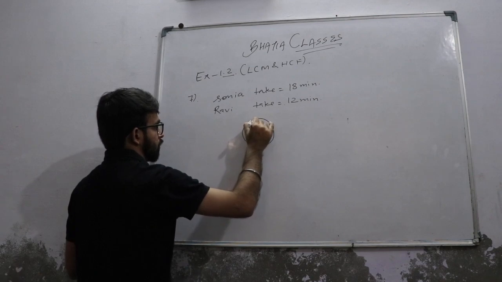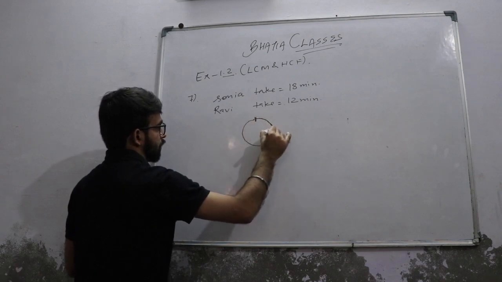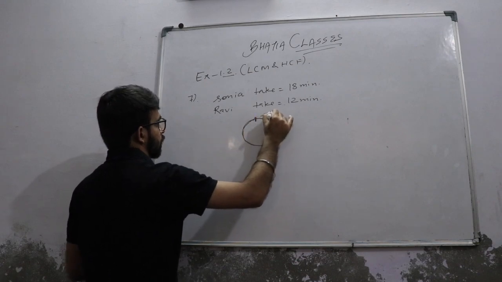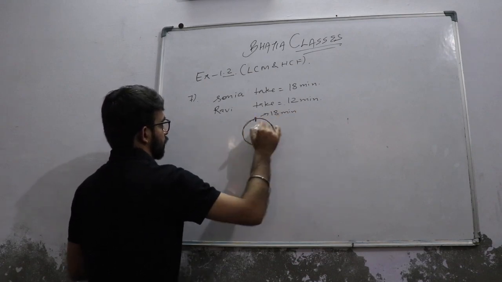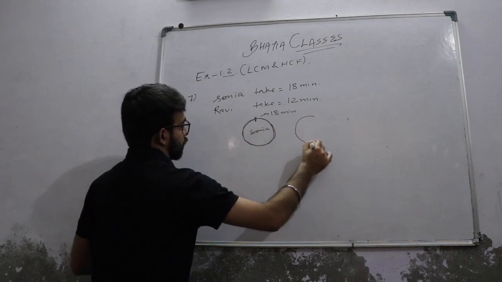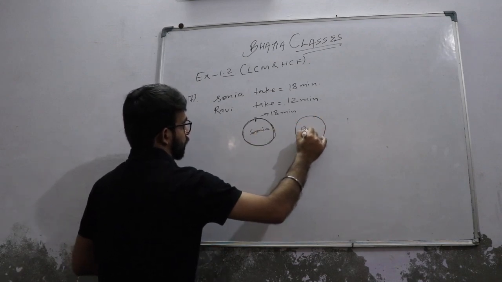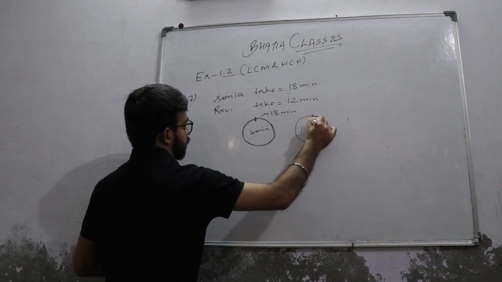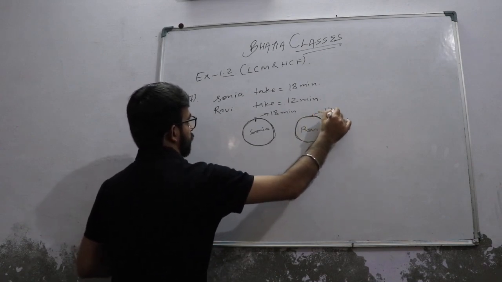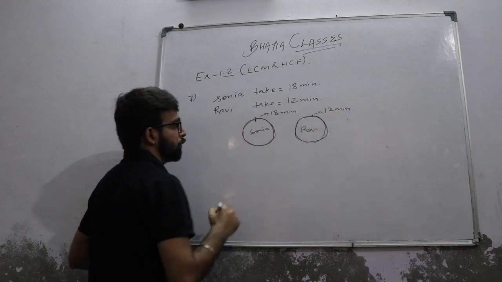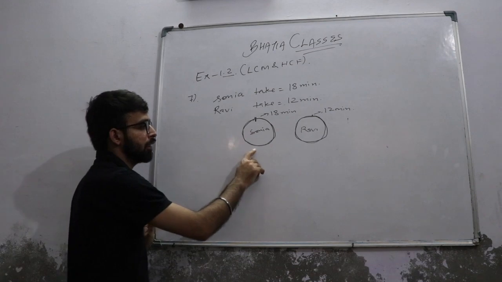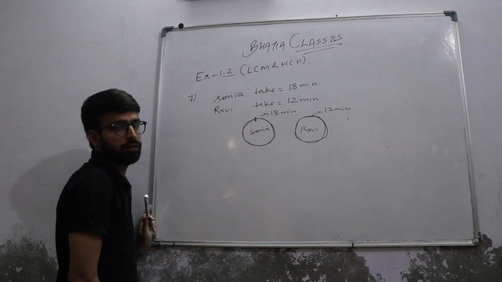Suppose Sonia starts from here and completes one round in 18 minutes. But Ravi completes his full revolution in 12 minutes. Then how to find when they will meet again?